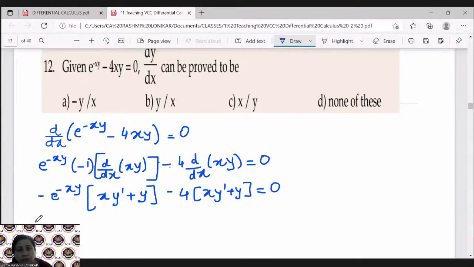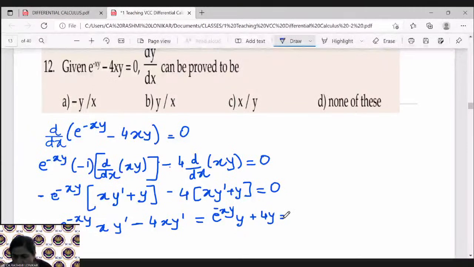So I will take all the y dash terms together. So this will be minus e raised to minus xy into x into y dash minus 4x y dash is equal to, so I will take this to this side. So this is e raised to minus xy into y plus 4y is equal to 0. Okay. And then you will take the y dash common here.